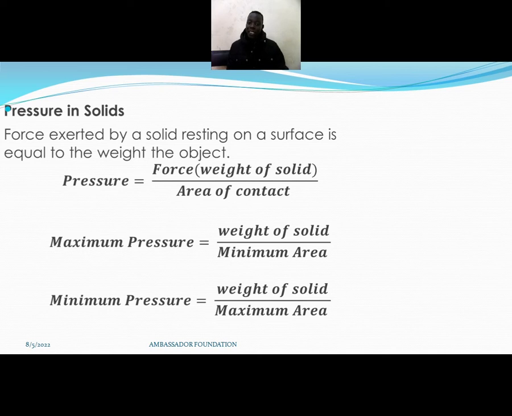If you increase the area of contact, you will reduce the pressure. So the normal one, pressure is given by force over the area of contact. Force is the weight of the solid. Minimum area gives you maximum pressure, and maximum area gives you minimum pressure. We will do such examples. So if they ask you to calculate the maximum pressure, use the minimum area. That's what you need to get. Use the minimum area.